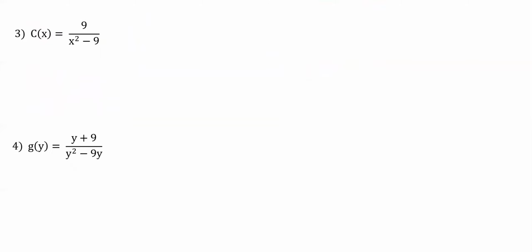Number 3, c of x is equal to 9 divided by x squared minus 9. We'll take the denominator. It cannot equal 0. We'll go ahead and factor.